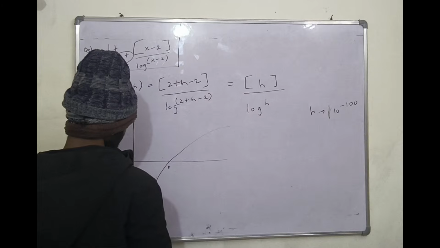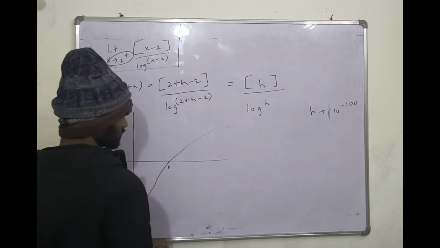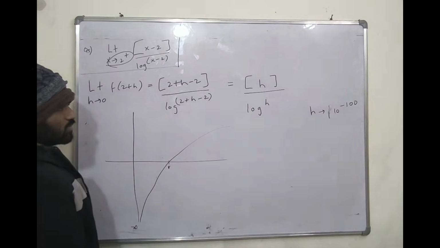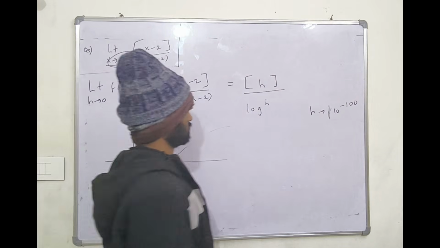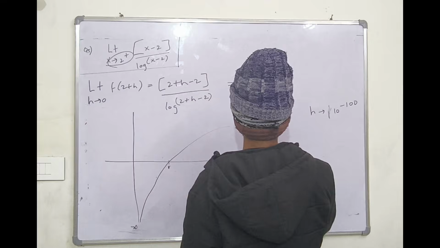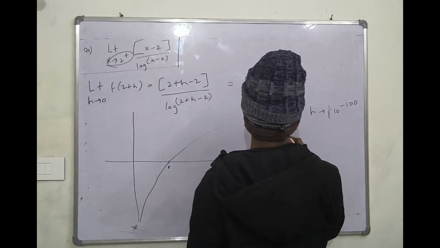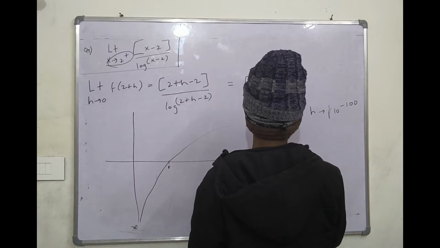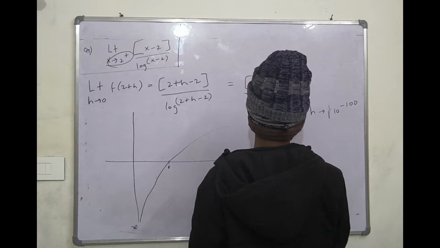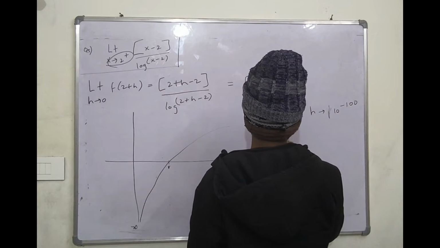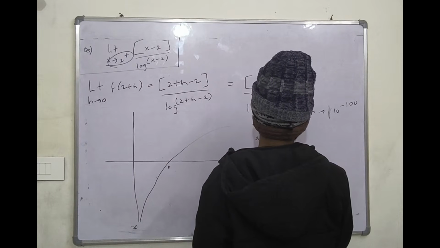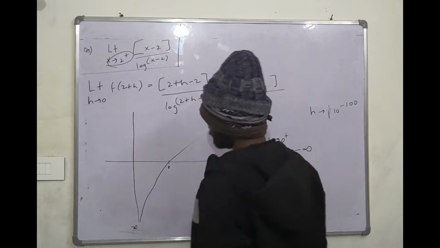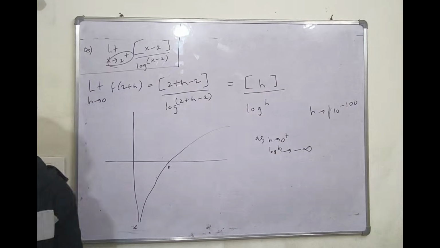It is minus infinity at x equals 0. So as x tends to 0 plus, log x tends to minus infinity.